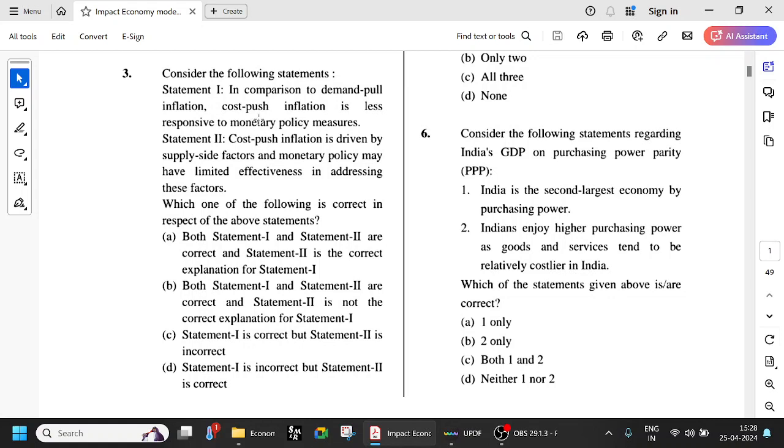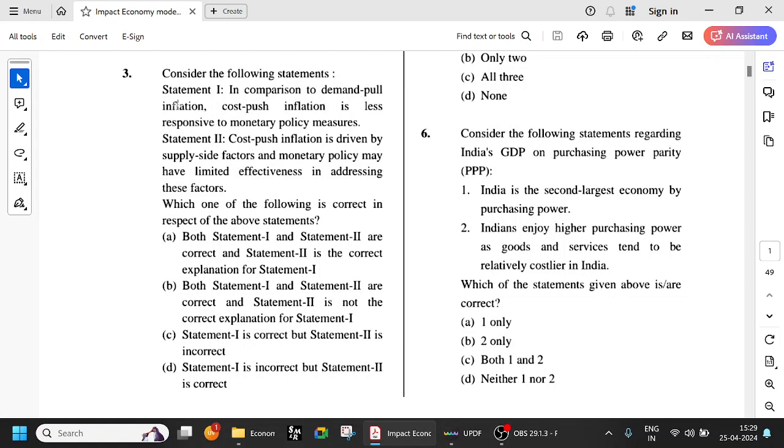Monetary policy means changing the repo rate, reverse repo rate, bank rate, etc. When you change these things, that will help in demand pull inflation, because if you increase the interest rate, then the demand will reduce. Obviously more and more people will stop taking loans unnecessarily. If you are planning to take a house loan, and the interest rate is increased to say 12%, you will wait till it comes to 10%.